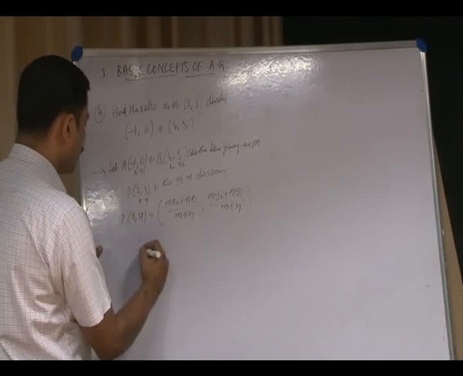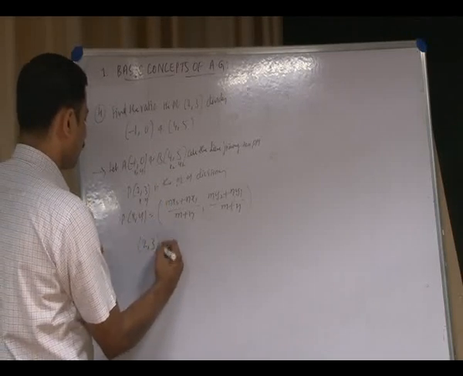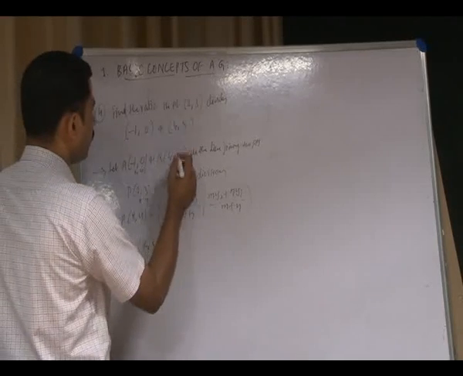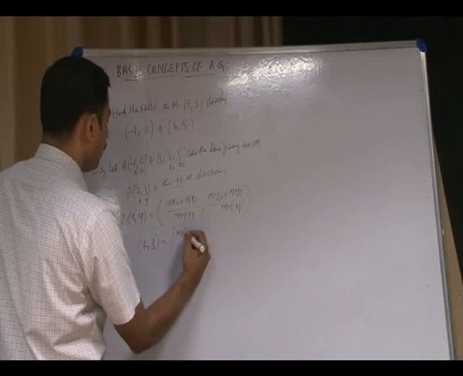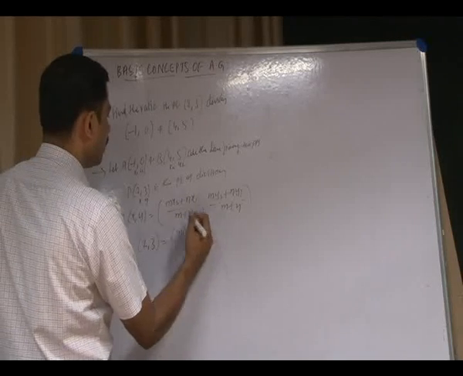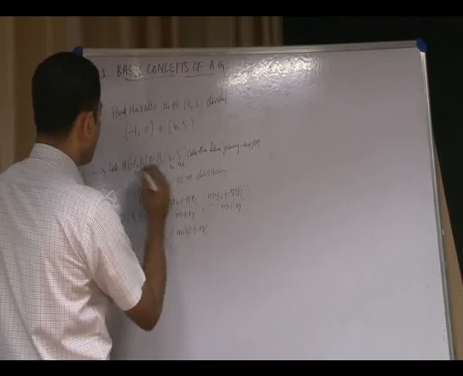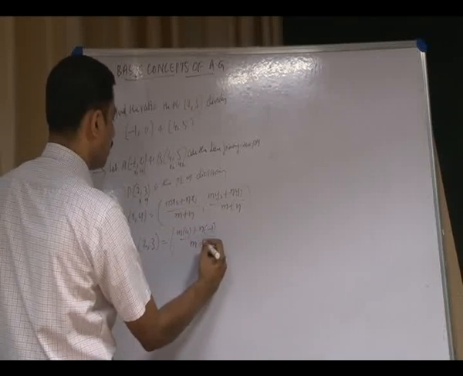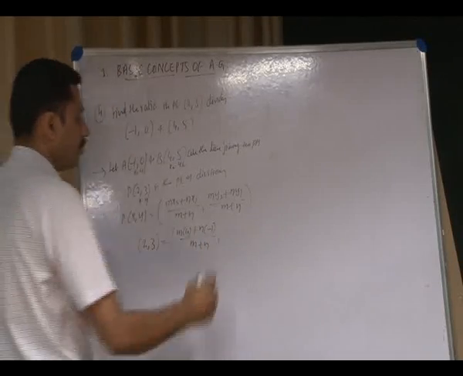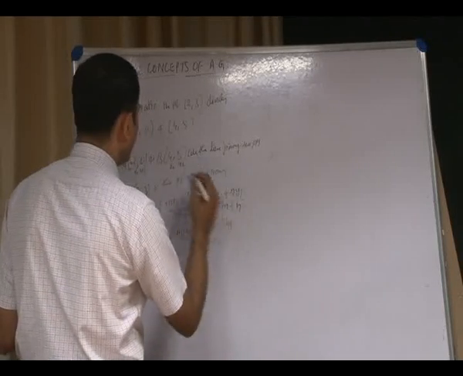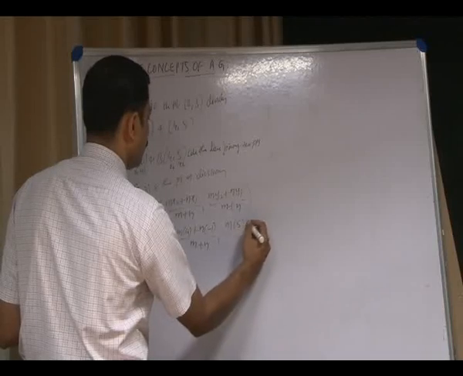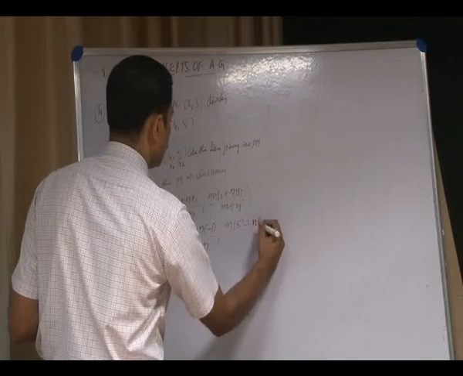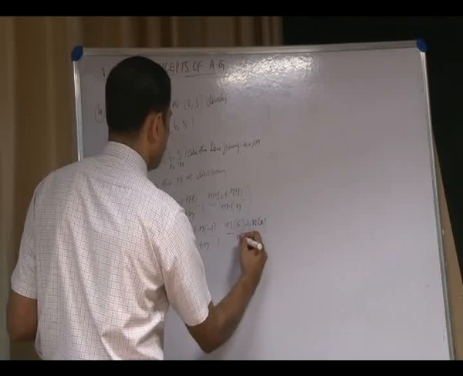P x, y is 2, 3 is equal to m x2, x2 is 4 here, so m into 4 plus n x1, x1 is minus 1, divided by m plus n. Similarly, m y2, y2 is 5 here, plus n y1, y1 is 0, divided by m plus n.